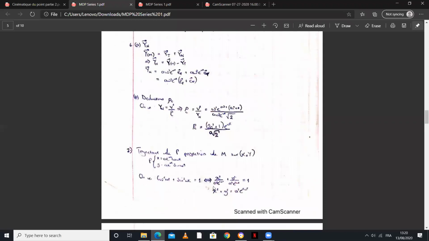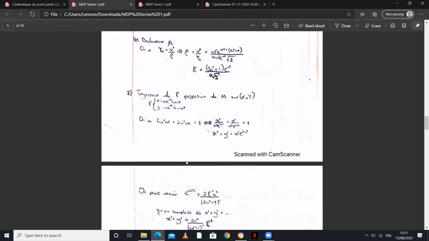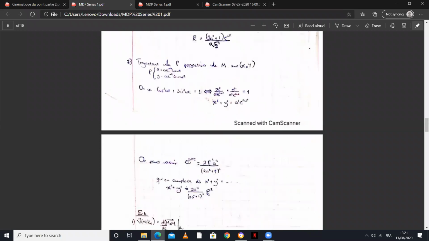This is coming from the expression that we found for the radius there, when you make exponential omega t the subject. From here, you make exponential omega t the subject, and then you square it. It's going to give you that there.